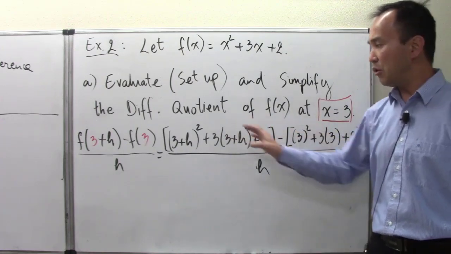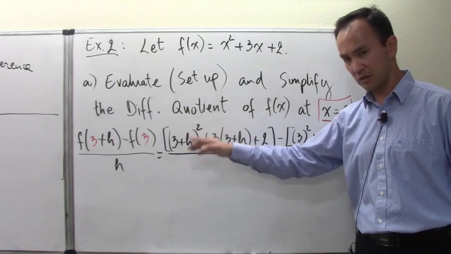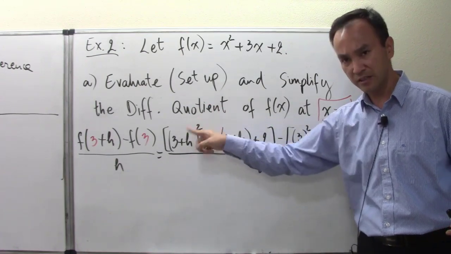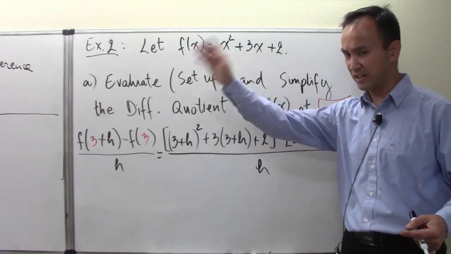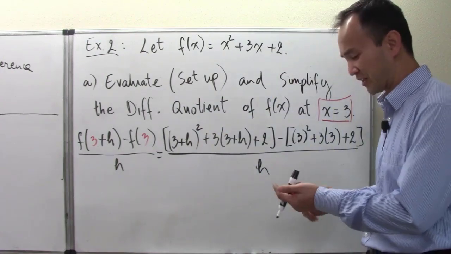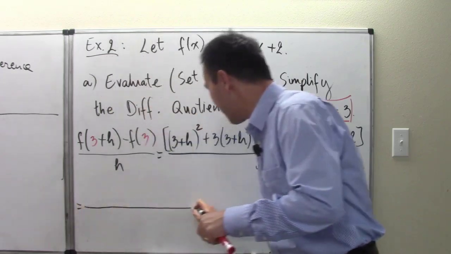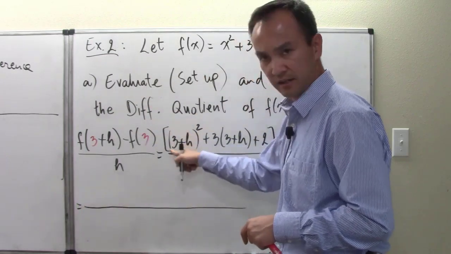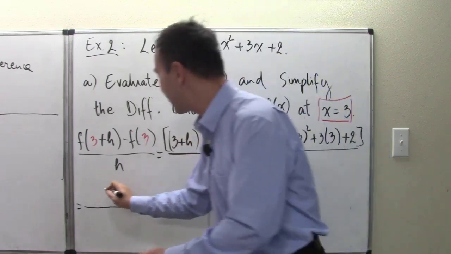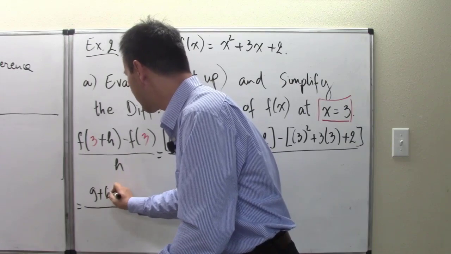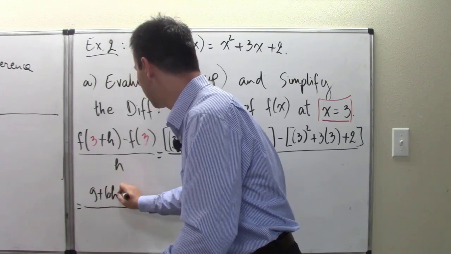Again, more scratch work coming out for this. Allow me to work out my next step without skipping the scratch work, so I don't have to swing back and forth between the two boards. The square of this binomial gives me 9 plus 6h plus h squared.